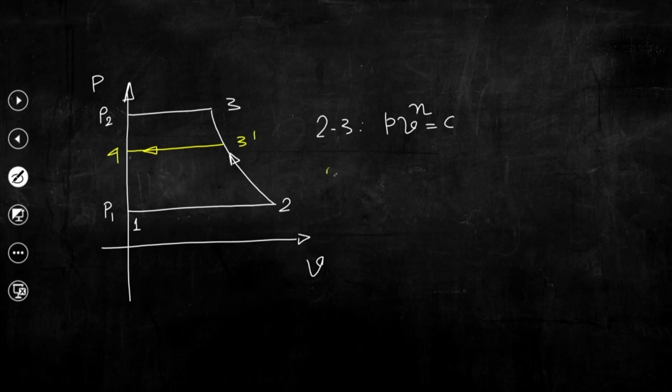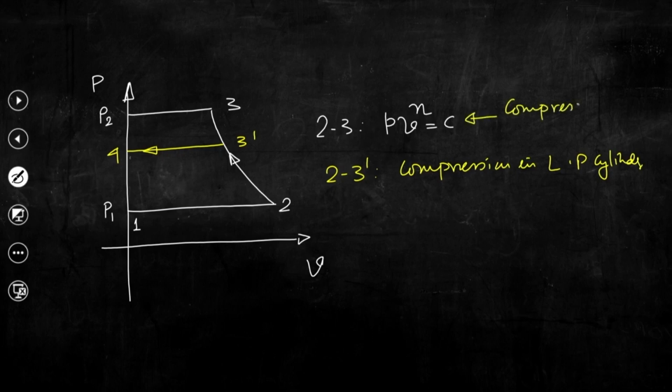So process 2 to 3 prime is compression in the low pressure cylinder, and this is compression in a single stage cylinder or compressor, single stage compressor. Then what is done? 3 prime to 4, so this is 4, that is delivery of compressed air at low pressure.